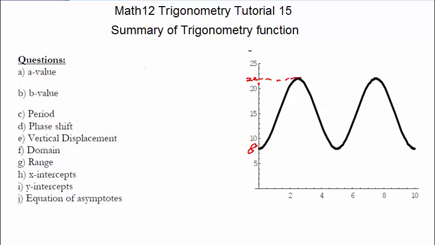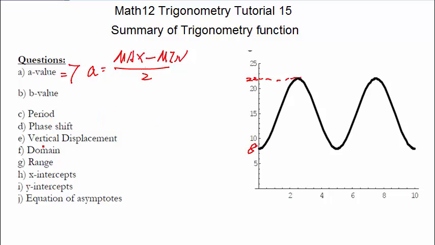From 8 to 22, we get 14. A also equals the maximum minus D, we can check that later. So 22 minus 8 divided by 2 is equal to 7.